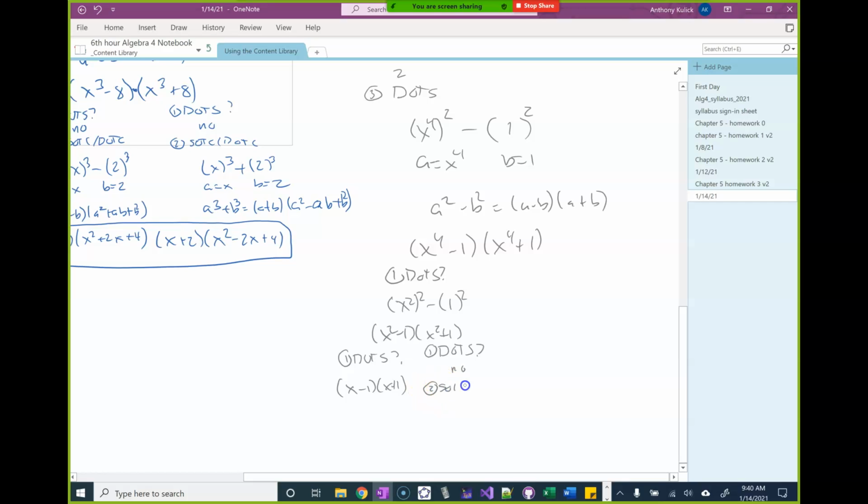So let's start writing our answer out. We have this piece. We still haven't checked x to the 4th plus 1 yet to see if that can be factored, so let's go back and do that. Is that a difference of two squares?